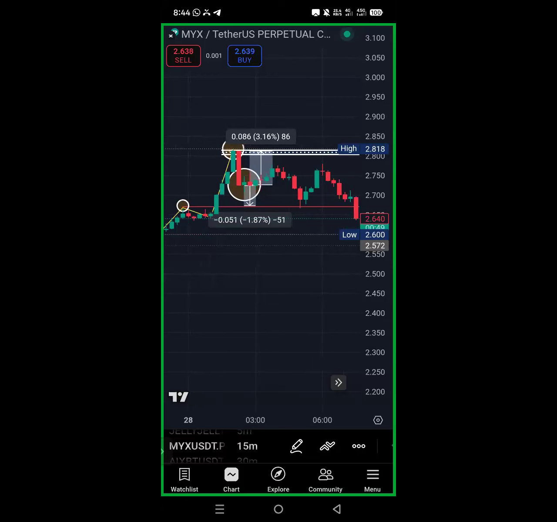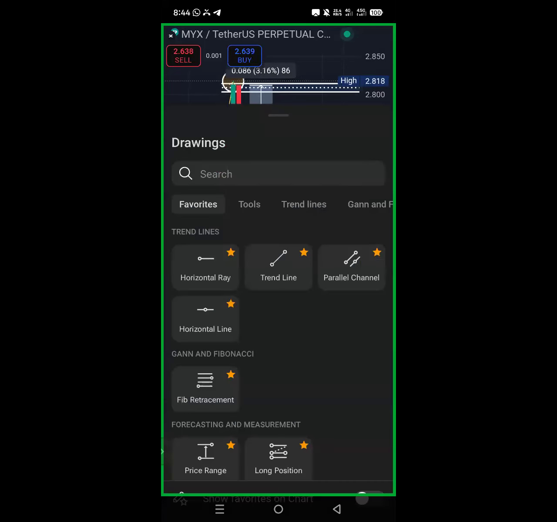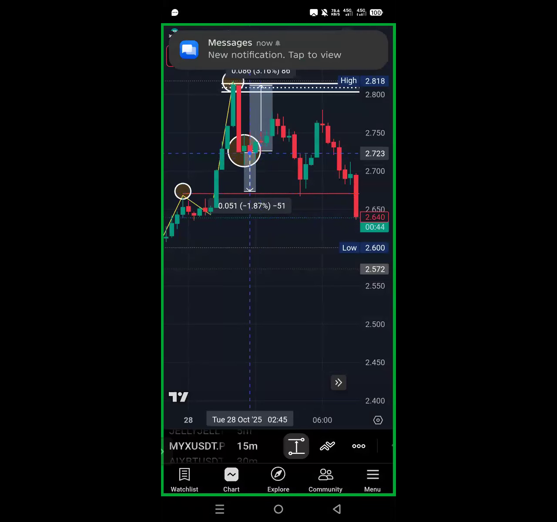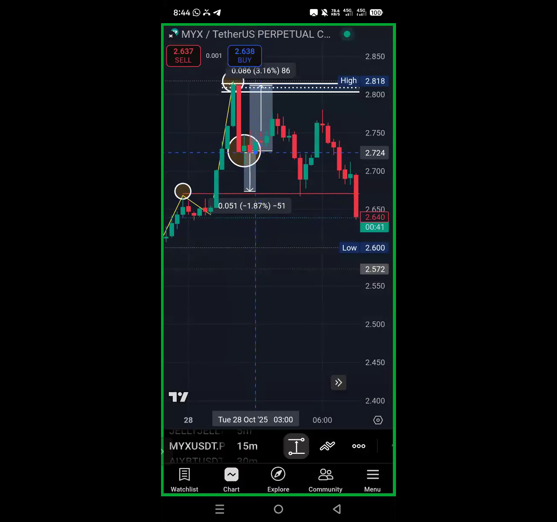From point of entry, you know the entire distance is 3%. Now you measure halfway from point of entry, halfway that candlestick. This is the red candlestick, right? You measure halfway.